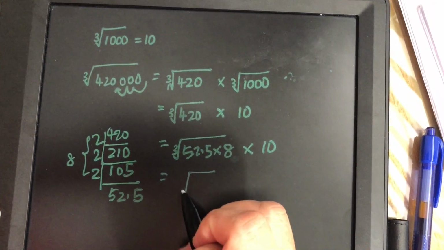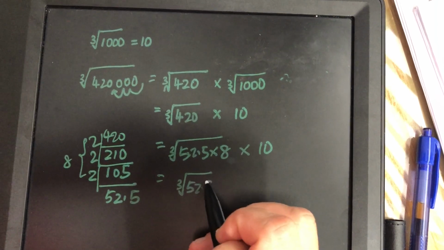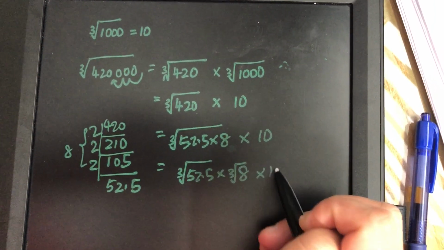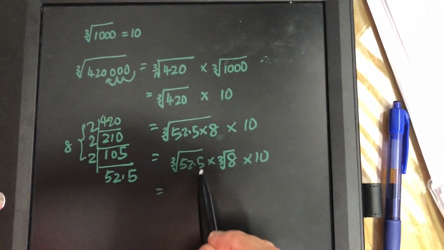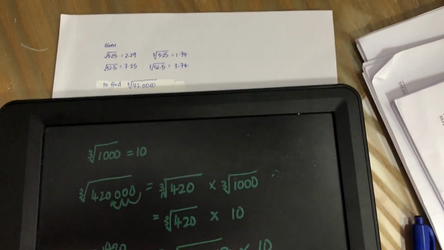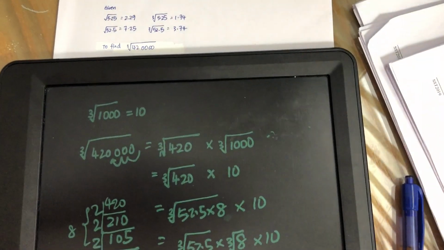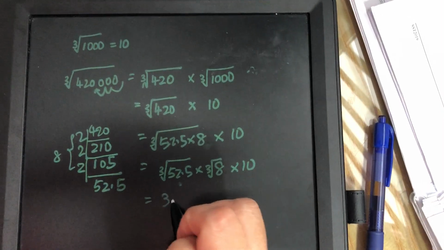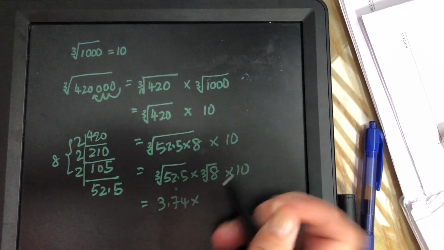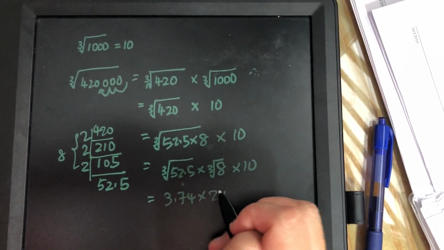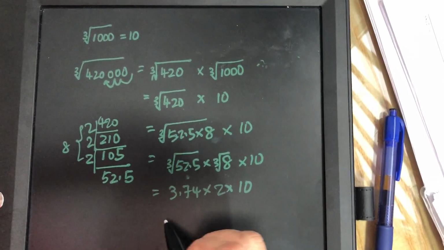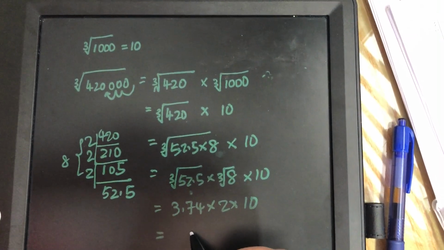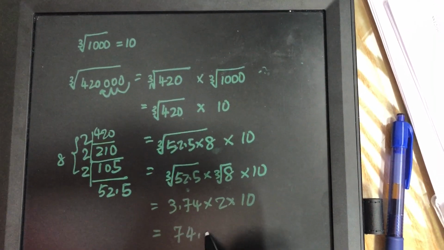And therefore, this was given to us as 3.74. So 3.74 times 2 times 10, which will result in 74.8.